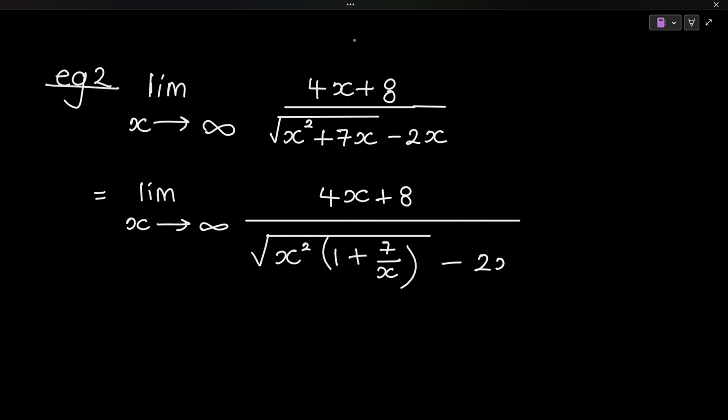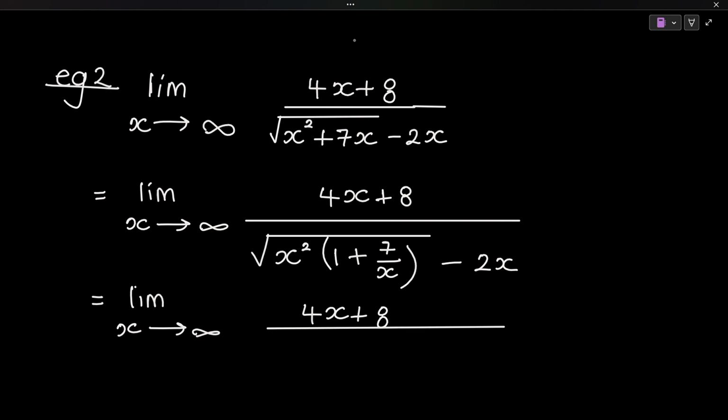And then minus 2x. Now the next step is to allow the square root and the square to cancel each other out. And we know that once we do that, we are going to be left with the absolute value of x. And underneath the square root, we are left with 1 plus 7 over x. Minus 2x.